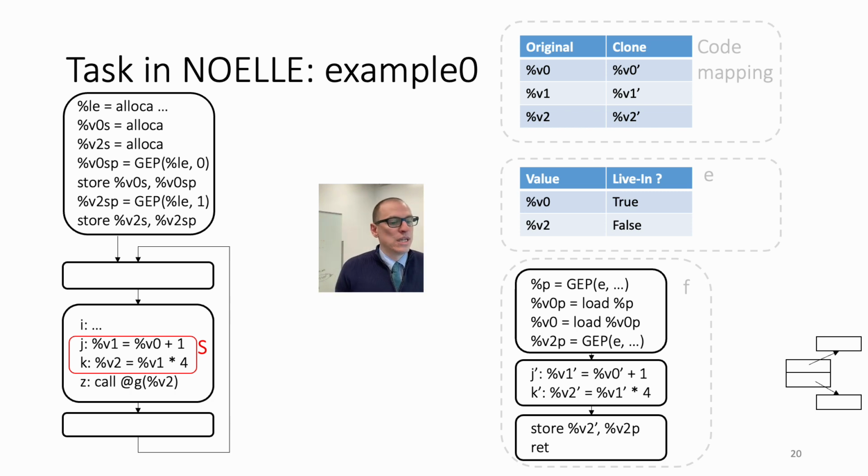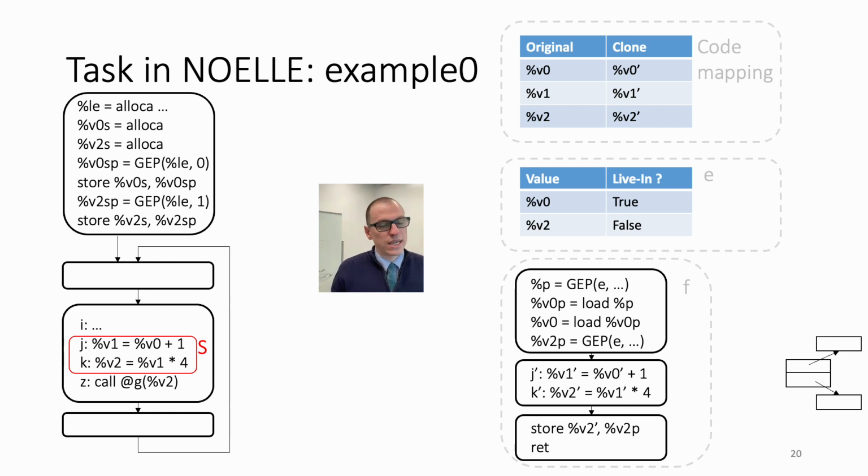But now the values inside %V2s and %V0s are nonsense. They are not valid. So that's the only thing left to do. We need to add the correct value inside the location pointed to by %V0s and by %V2s.